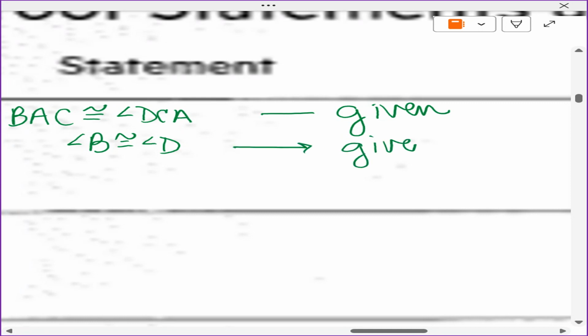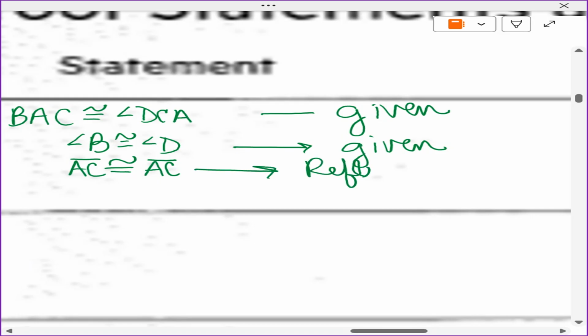So angle BAC is congruent to angle DCA. What's the reason? Given. Angle B is congruent to angle D. What's the reason? Given. Segment AC is congruent to segment AC. What's the reason?